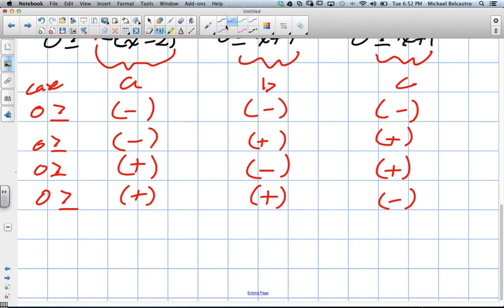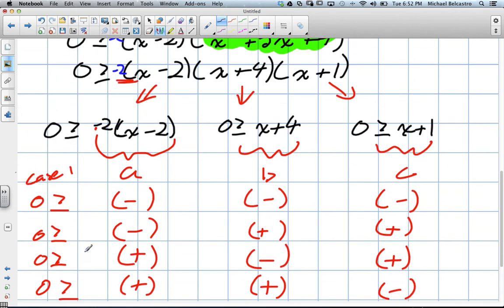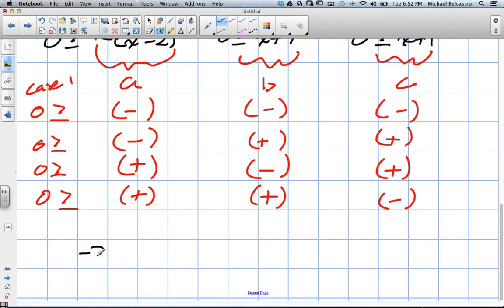So case 1, we'll call this our first one. Our A was -2 times x minus 2, and it needed to be negative, so it has to be less than 0 in this case. Technically we could use the equal to too, because we know that's going to be a coordinate right on it.